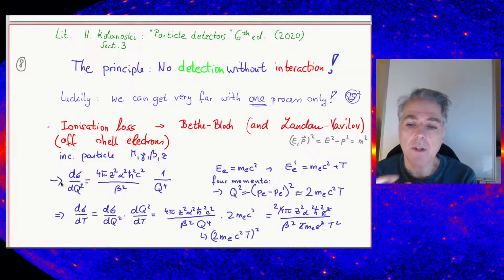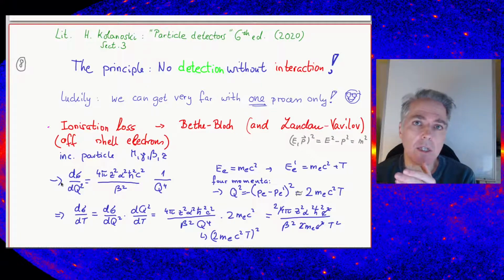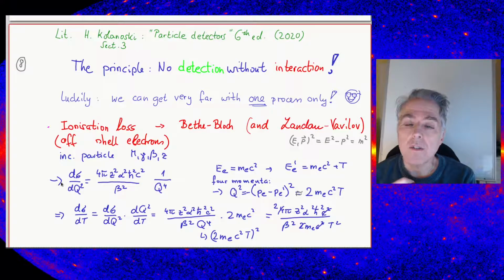So that's the Rutherford cross-section, and the Q is the 4 momentum transfer from the initial state to the final state electron. So what we're looking at essentially in the initial state is an electron which is broadly speaking at rest. That is in the bound state, and its energy is dominated by the rest mass. There's of course a little bit of binding energy involved, but this is negligible.